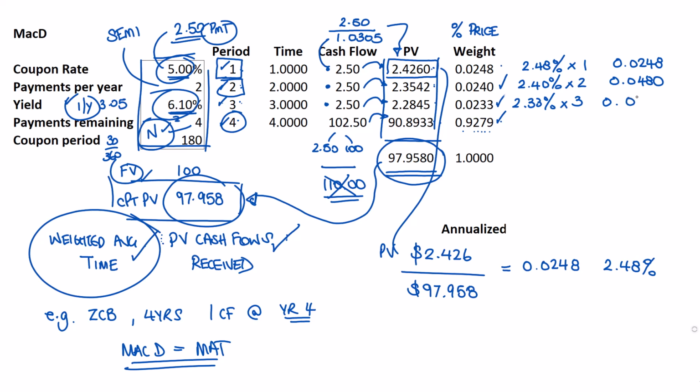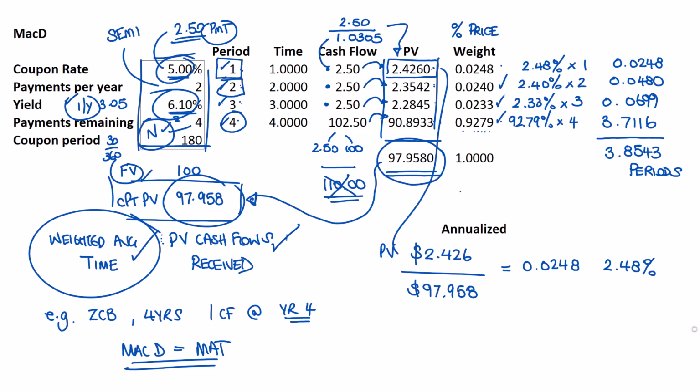That will give me 0.0699. And that 92.79% came in at time 4. That gives me 3.7116. To get the weighted average, add them together. That gives me 3.8543. The answer is in periods.